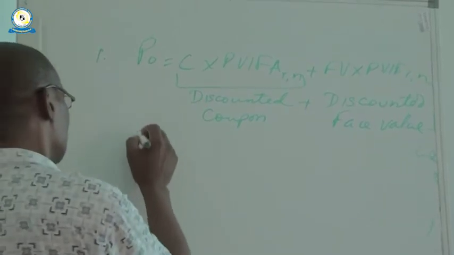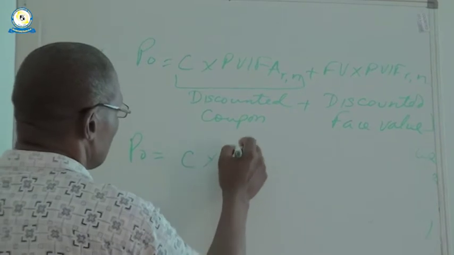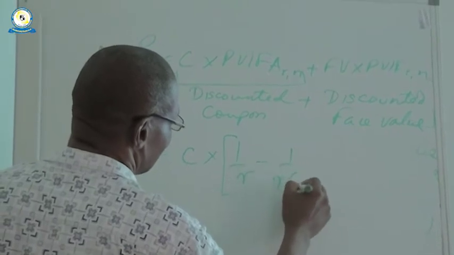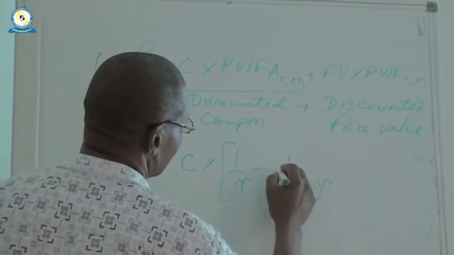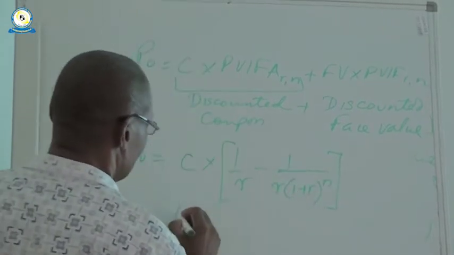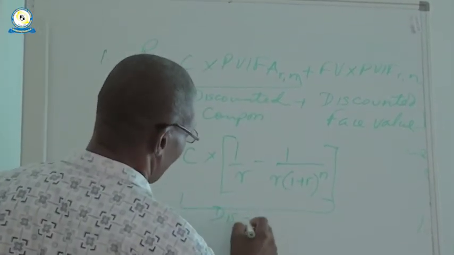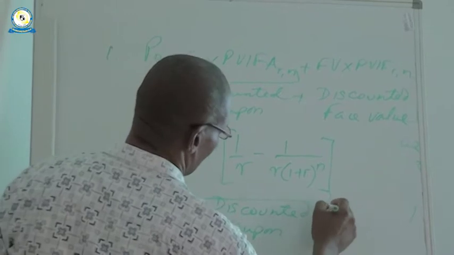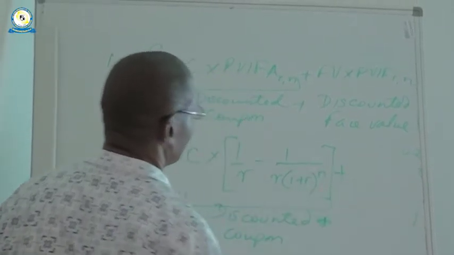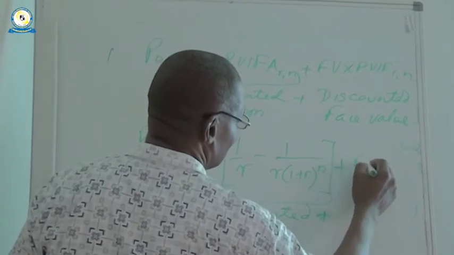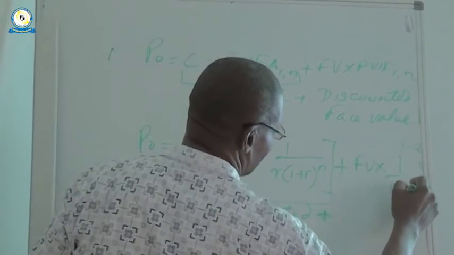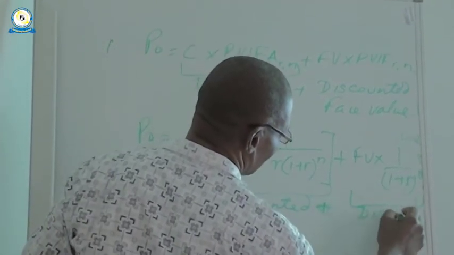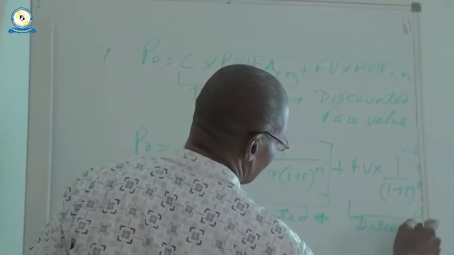Or we can use another formula: C times 1 over R minus 1 over R times (1 plus R) power N. This is the discounted coupon, plus face value times 1 over (1 plus R) power N. We call this the discounted face value.